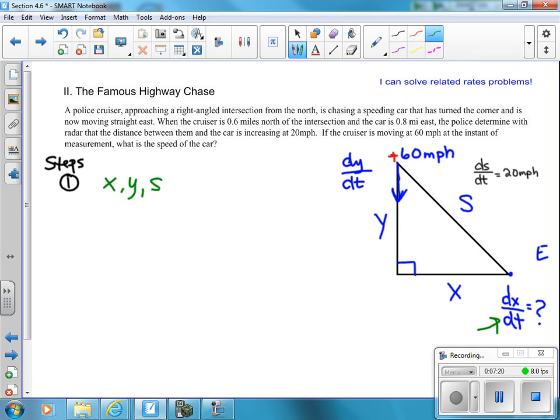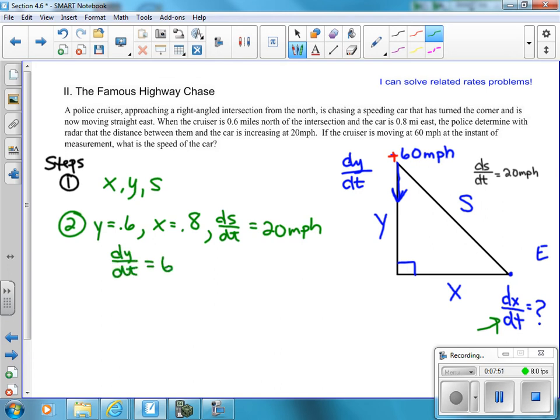Second, other information we know is that when y equals 0.6, x equals 0.8, and at that same moment, ds/dt equals 20. We know that dy/dt is 60 miles an hour. We have lots of numbers here, but they're all in one instant.